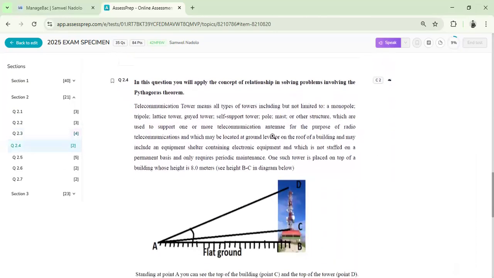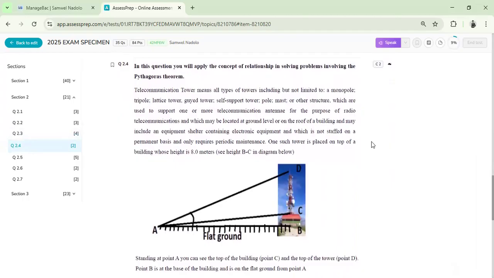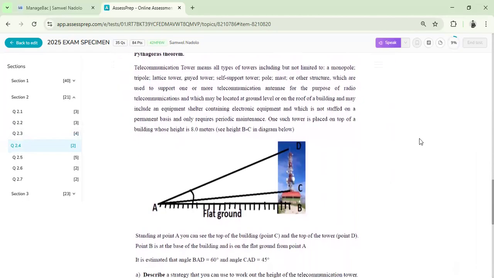Alright, so in this question, you'll apply the concept of relationship in solving problems involving the Pythagoras theorem.